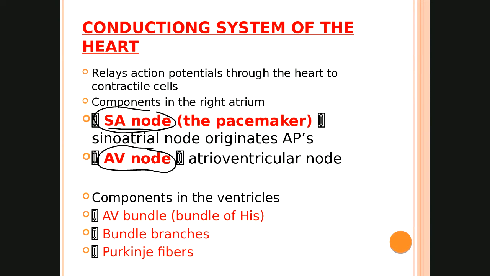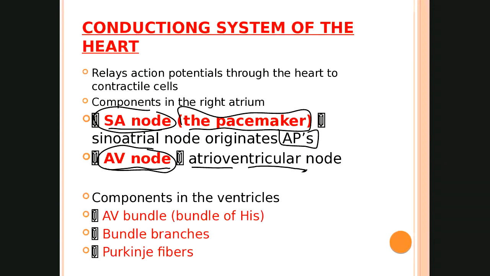These are the group of cells that set the heart's rhythm of contraction and are constantly initiating action potentials, or contraction signals. The AV node is the passageway for these action potentials from atria to ventricles. So this is the location in which the action potentials will be transferred from the atria to the ventricles.